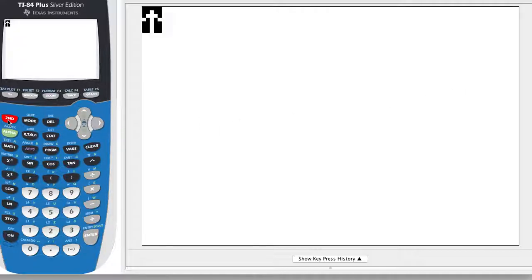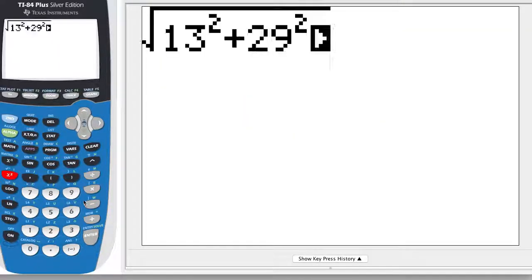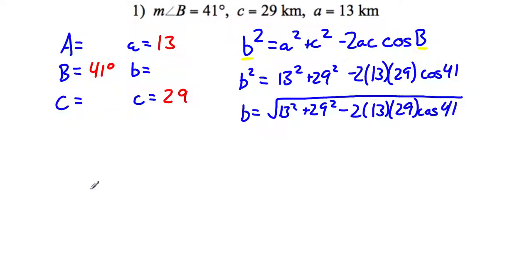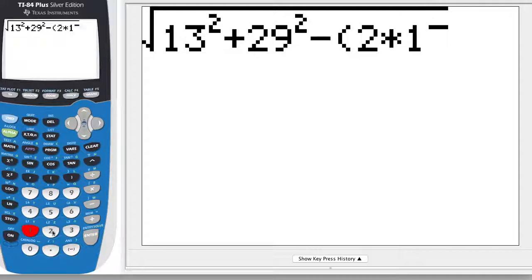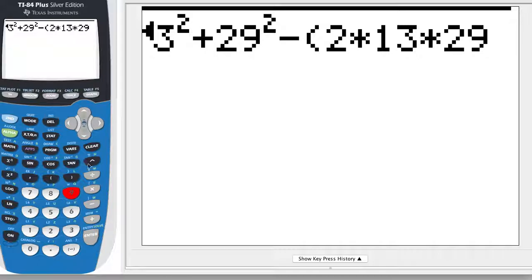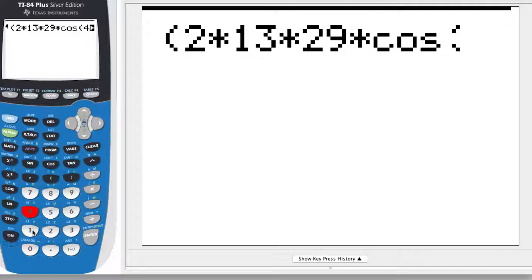So I'm going to be looking for the square root of 13 squared plus 29 squared minus 2 times, just to be safe, I'm going to put this all in parentheses, minus 2 times 13 times 29 times the cosine of 41.